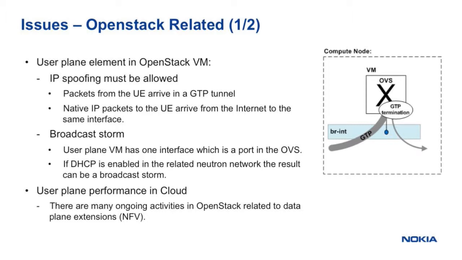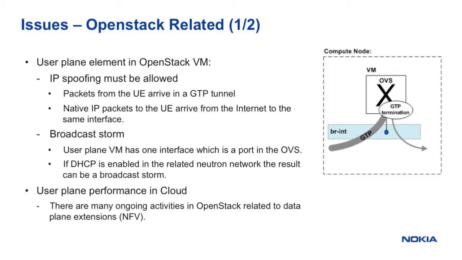On the OpenStack side, when the user plane switch is in an OpenStack virtual machine, first of all, IP spoofing must be allowed because packets from the UE arrive in the mobile-specific tunnels, and native IP packets to the UEs arrive from the internet to the same interface.